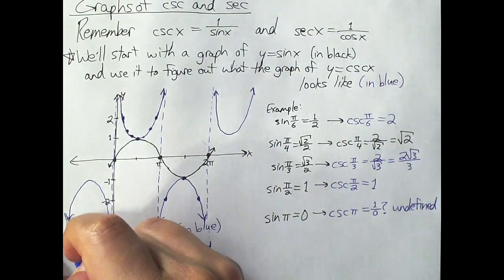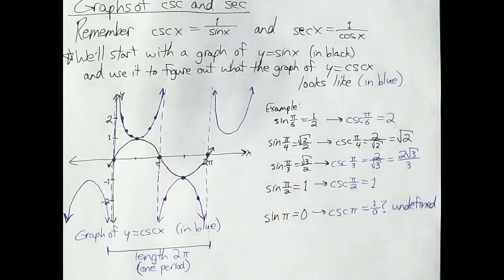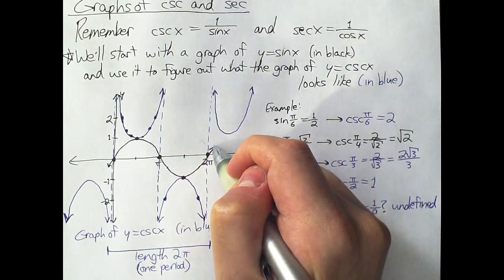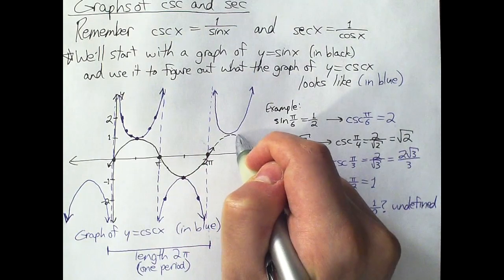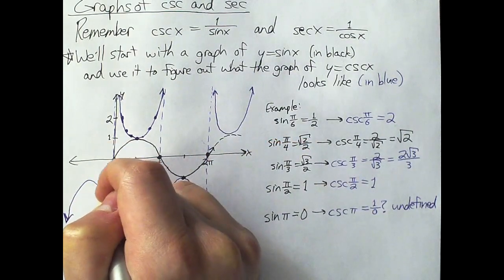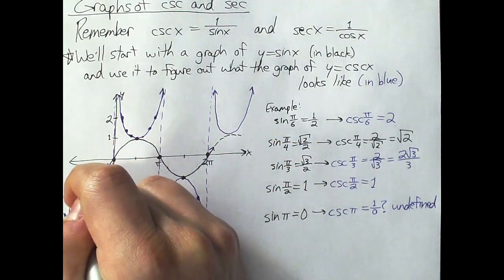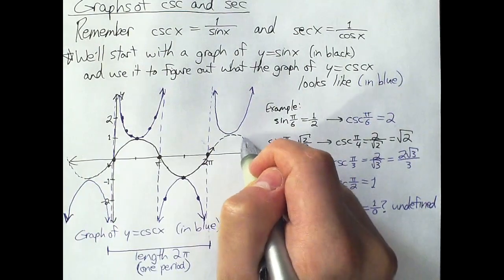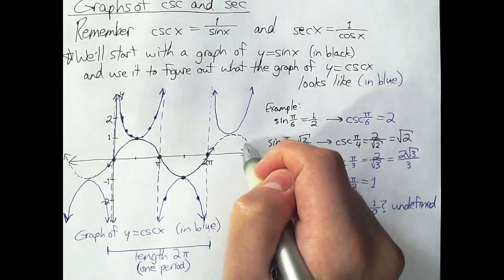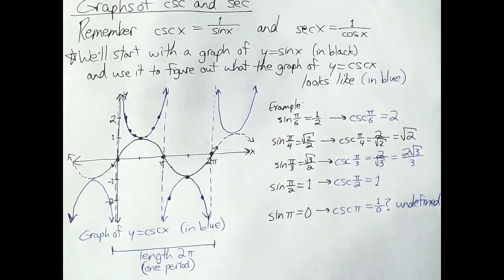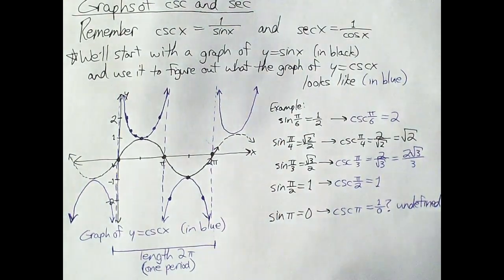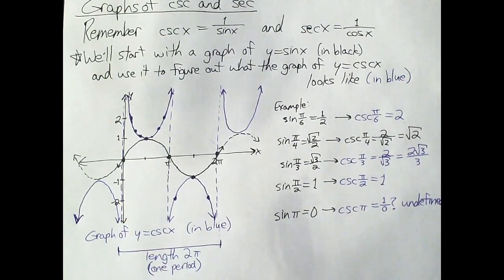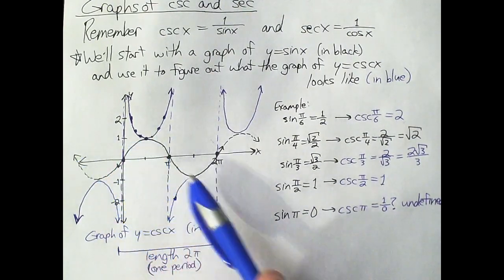Cool, so what we drew in blue is the graph of cosecant. What we drew in black was just kind of a guide. It was a graph of sine to help guide us. I think that usually when I teach this in person, I do it this way. And then I go up to the board with an eraser and I erase all the black.